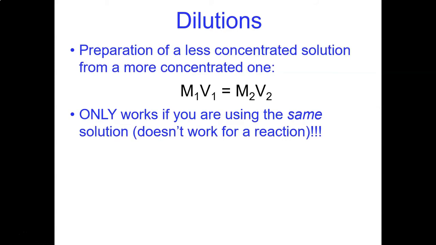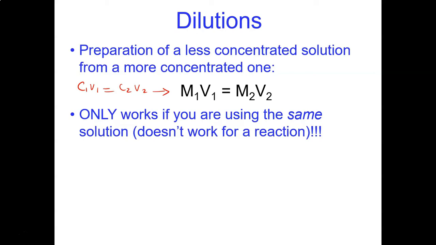The last technique we cover is called dilution. Dilution is the preparation of a less concentrated solution from a more concentrated solution. The general formula is M1V1 equals M2V2, or C1V1 equals C2V2, where C is concentration. In this case, we will focus on molarity as the concentration, so we will write the formula in the more specific form, M1V1 equals M2V2.